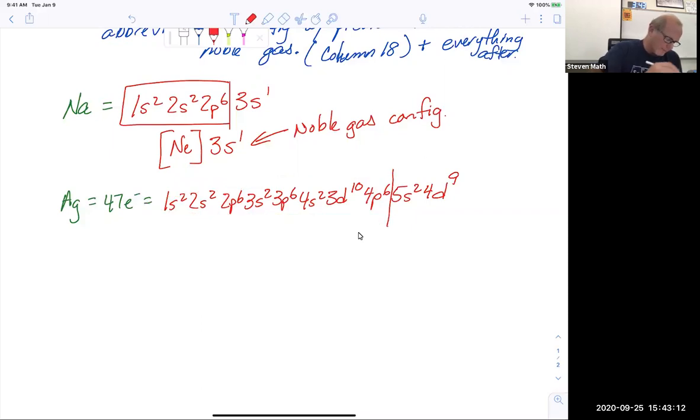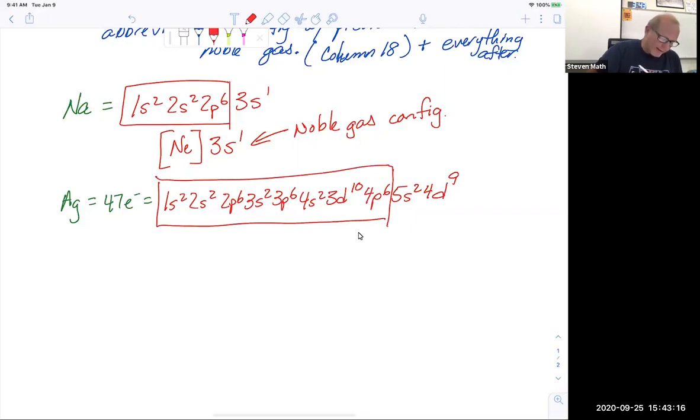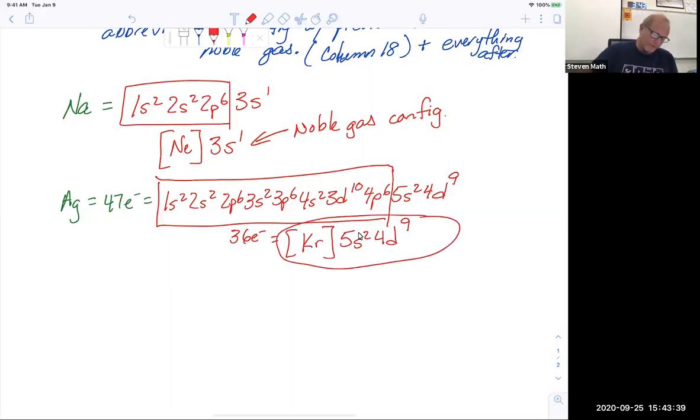If we add up everything inside of that box, it ends in 4p6. That's going to be equal to 36 electrons, which is the electron configuration of krypton. Then add 5s2 and 4d9. There's the noble gas configuration.